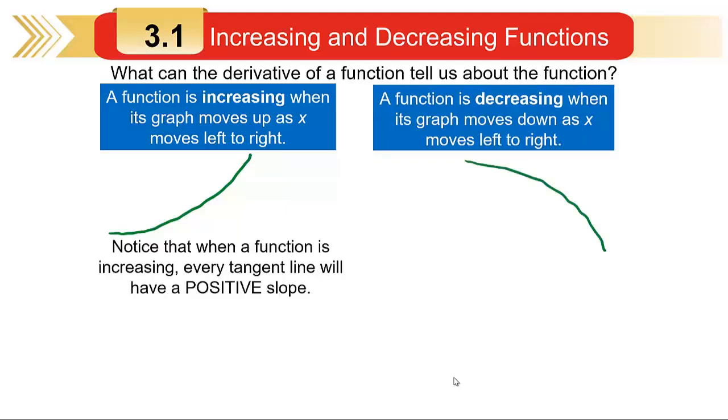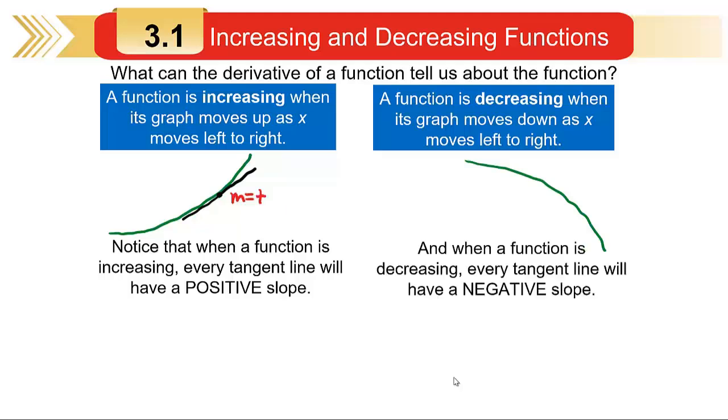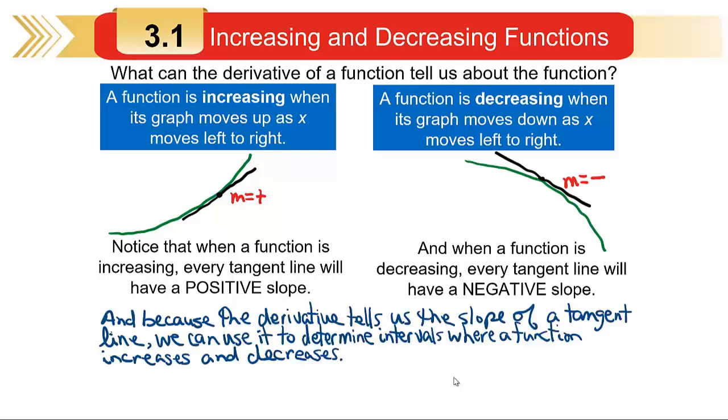And we already know that when a function is increasing, every tangent line will have a positive slope, like so. And when a function is decreasing, every tangent line will have a negative slope, like so. And we also know that the derivative tells us the slope of a tangent line.